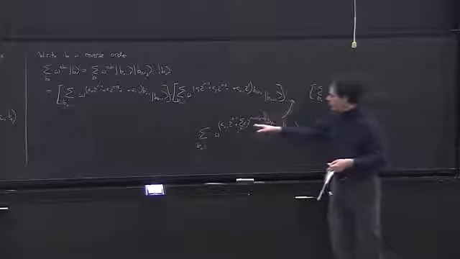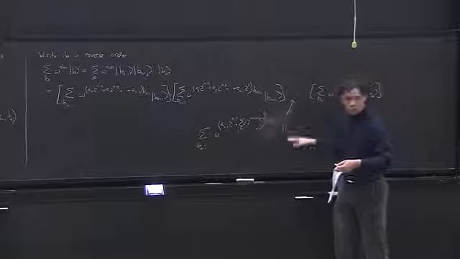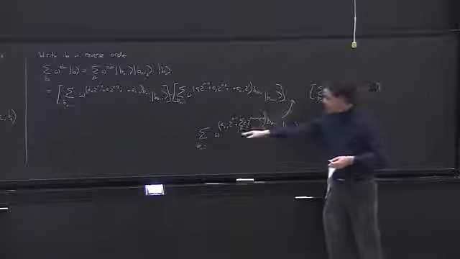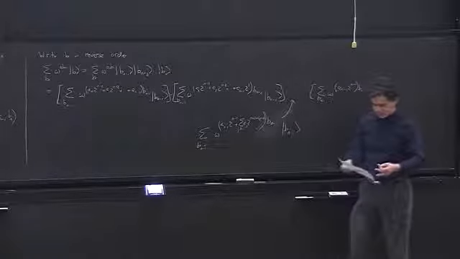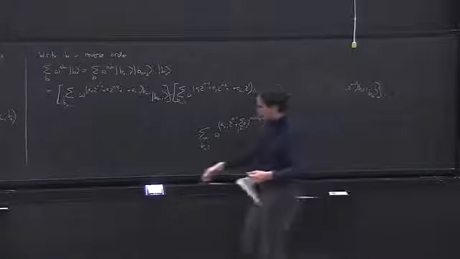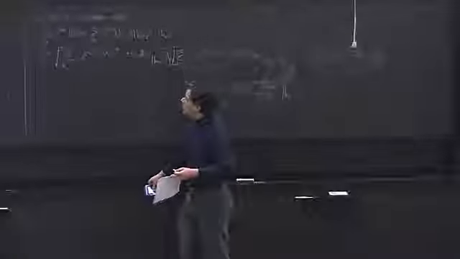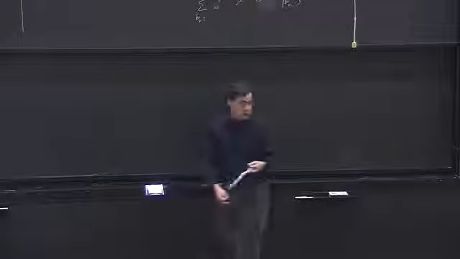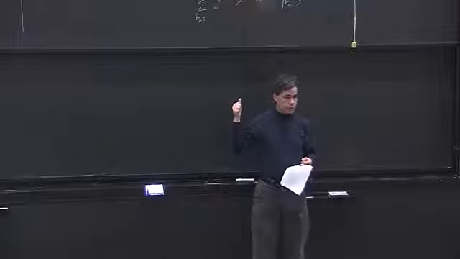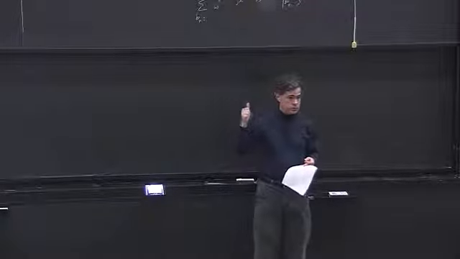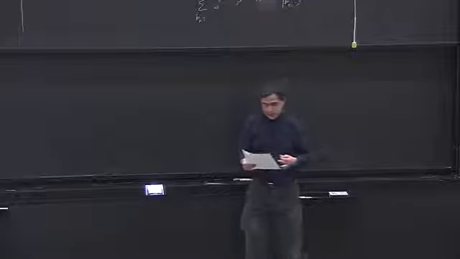So this is just putting this in a slightly more closed form. And the whole thing, of course, is a tensor product over i of these. Okay, everyone still with me?